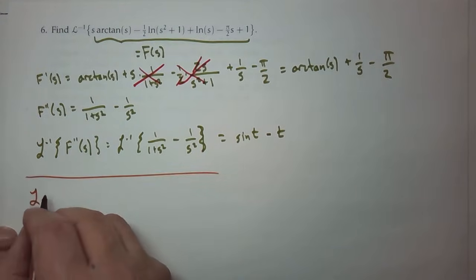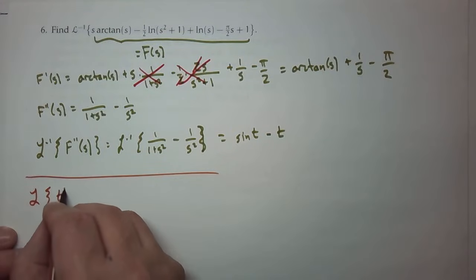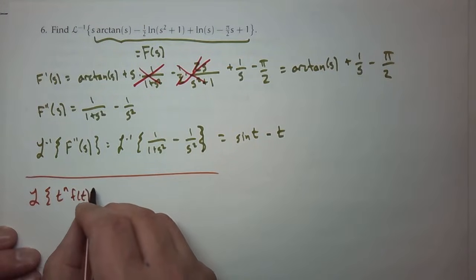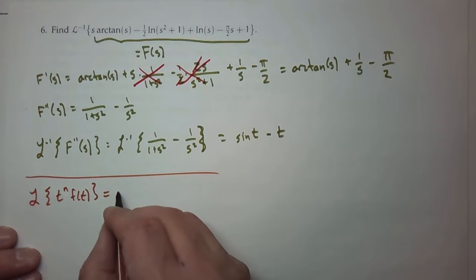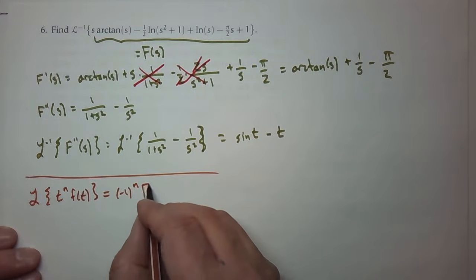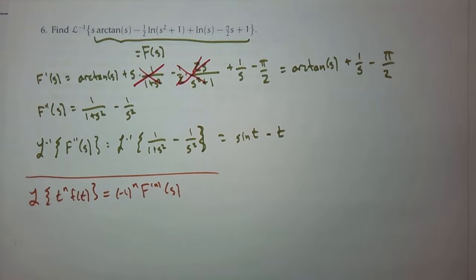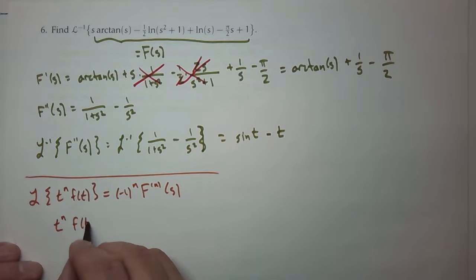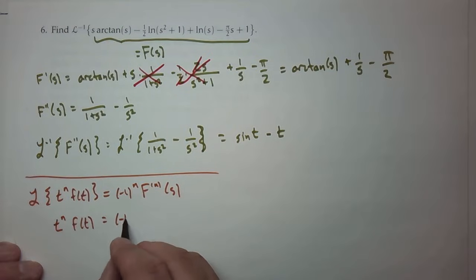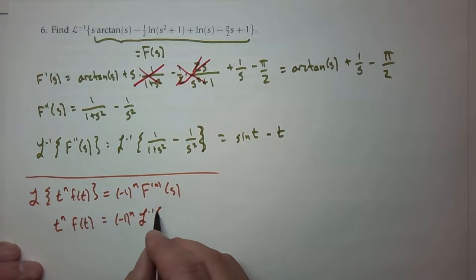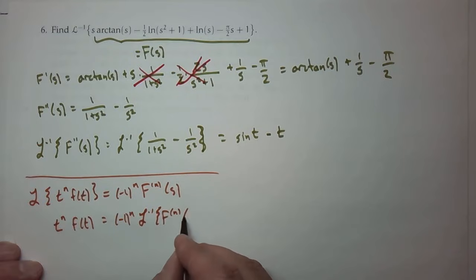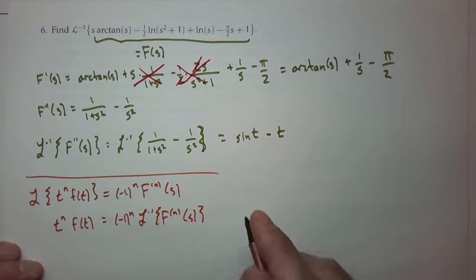So I think it's written as Laplace of t to the n f of t is equal to negative 1 to the n, the nth derivative of f of s. Or if you like, t to the n f of t is negative 1 to the n inverse Laplace of the nth derivative.